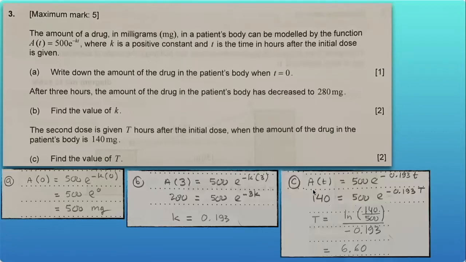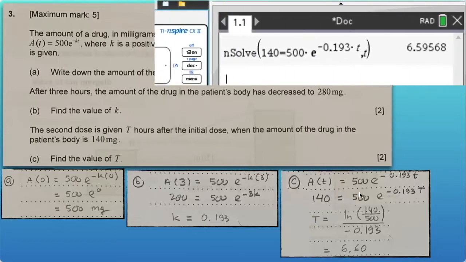A of T is given, which is 140. So that is 140 milligram is equal to 500 times e to the power of negative 0.193 uppercase T. So input this equation into TI like so.